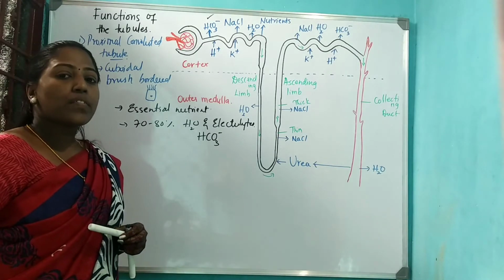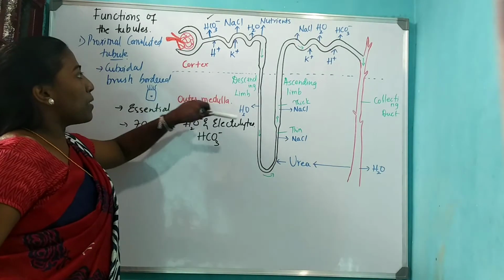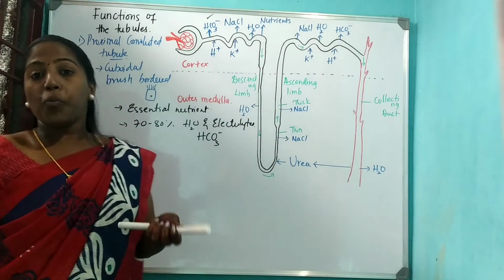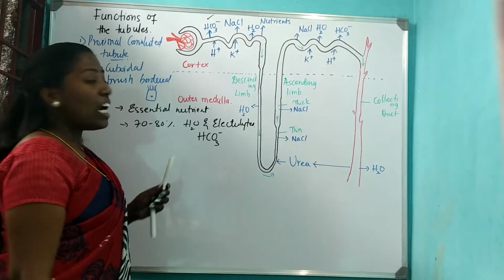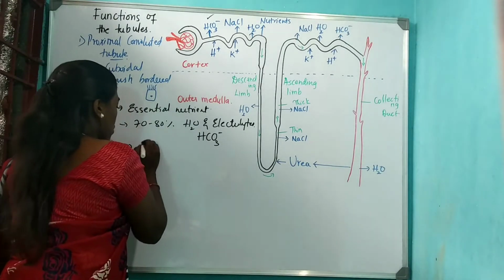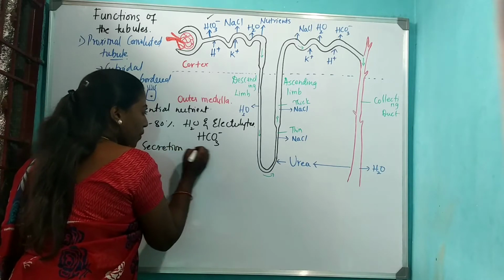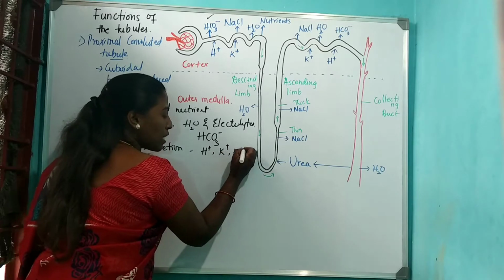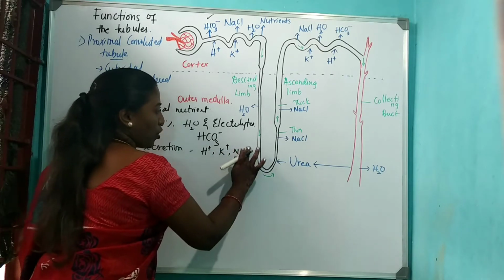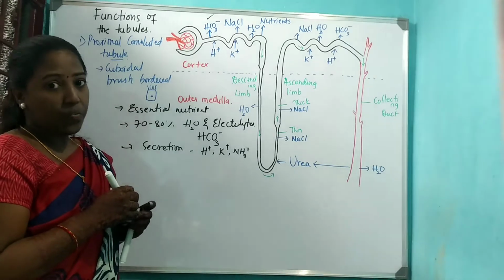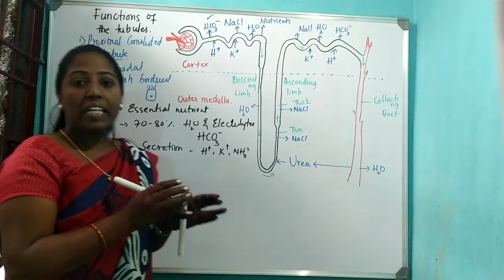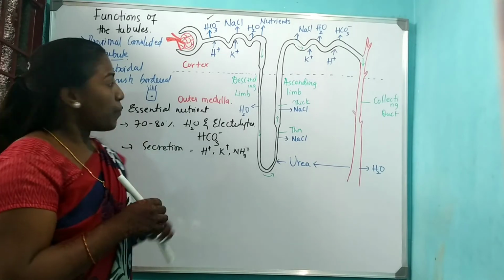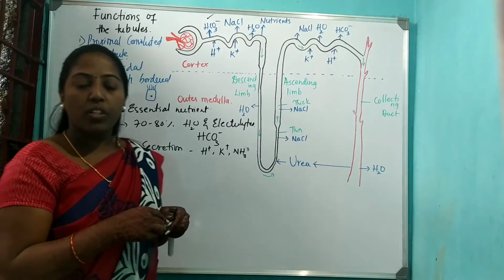Preferably hydrogen ions, potassium ions, and even ammonia are secreted into the filtrate, which helps to maintain the pH and ionic balance inside the filtrate. That is a major function of the proximal convoluted tubule.